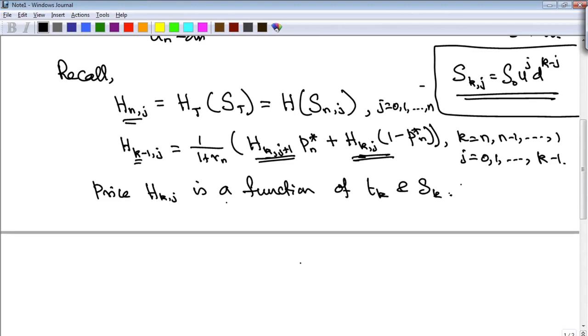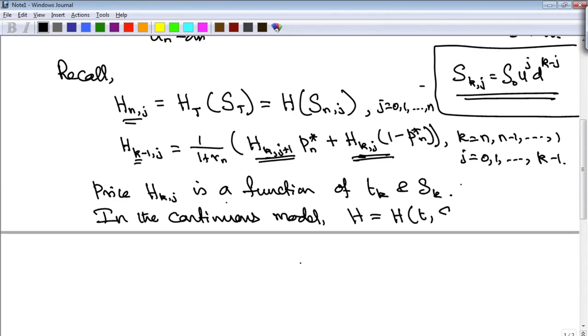The same we can also expect in the continuous model. H, the price, is going to depend on t comma s similarly, right? That's quite natural to expect, because we are getting the continuous model by taking n tending to infinity in these expressions. When these expressions are depending on the discrete time level and the discrete stock price, the continuous model will also depend on these two parameters, right?